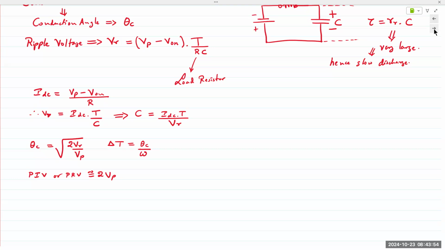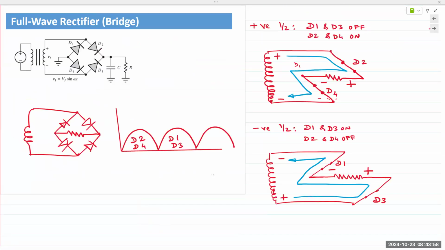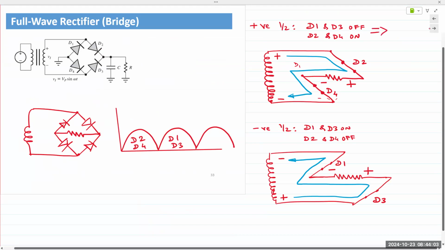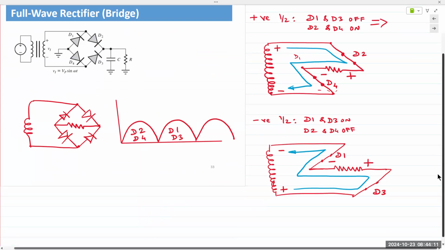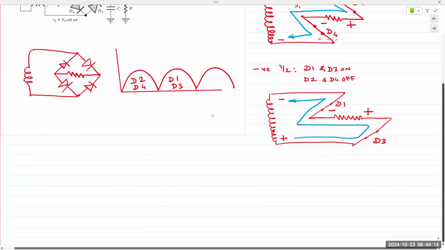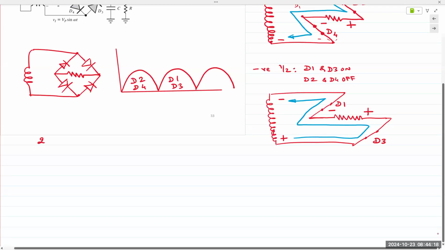So for a bridge rectifier, I'll come back to center tap. For a bridge rectifier, there are 2 diodes for every half cycle. So the diode turn-on voltage is double, right? If you use the constant voltage drop model, then it requires 2 diode voltage drops for every half cycle.